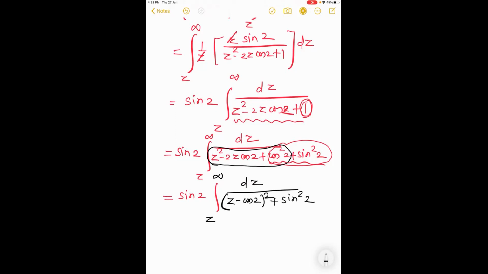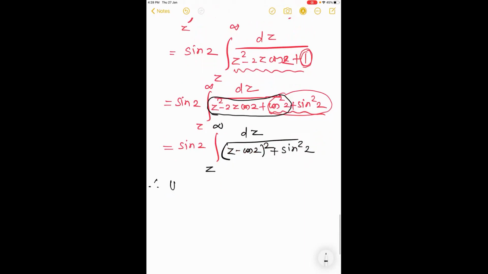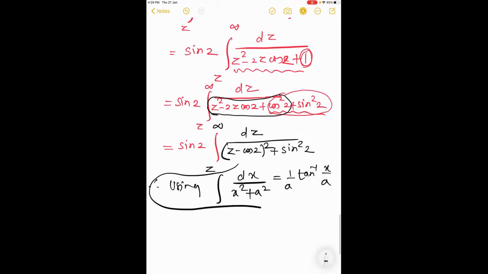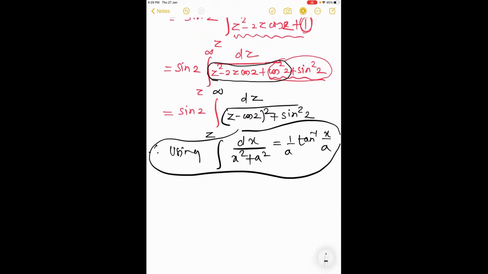Okay, and now this is a standard integration. The integral of dx upon x square plus a square is 1 upon a tan inverse of x by a. This is a standard result of integration. So in this case, this term will be your x, and this is your a, this is a square.